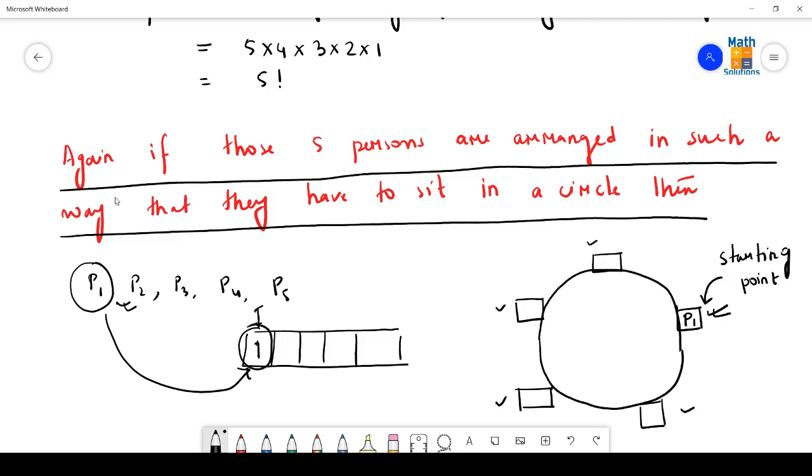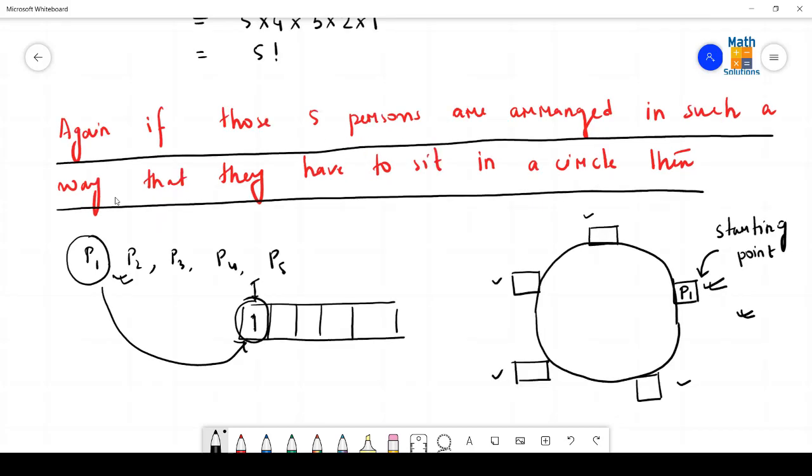So the same is the case in circular permutation also, because although we have 5 vacant places, and the first person can sit anywhere in these empty places, wherever he sits should be considered the starting point, and that position should always be fixed.